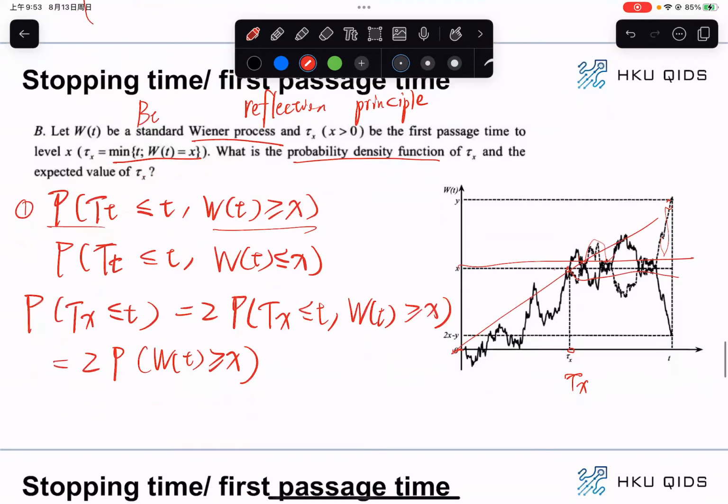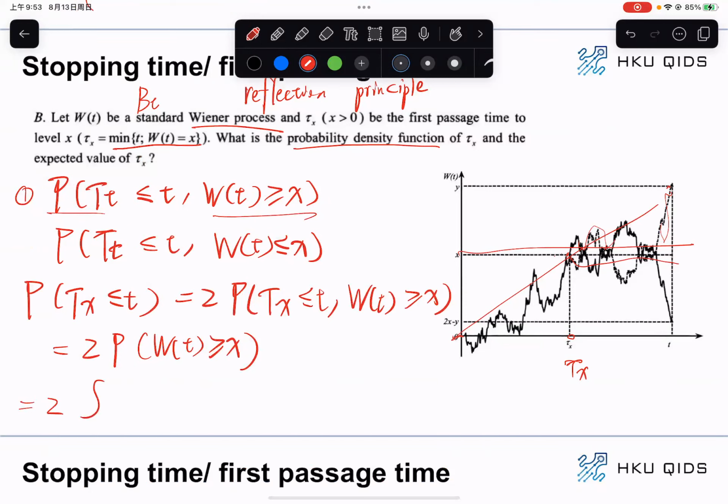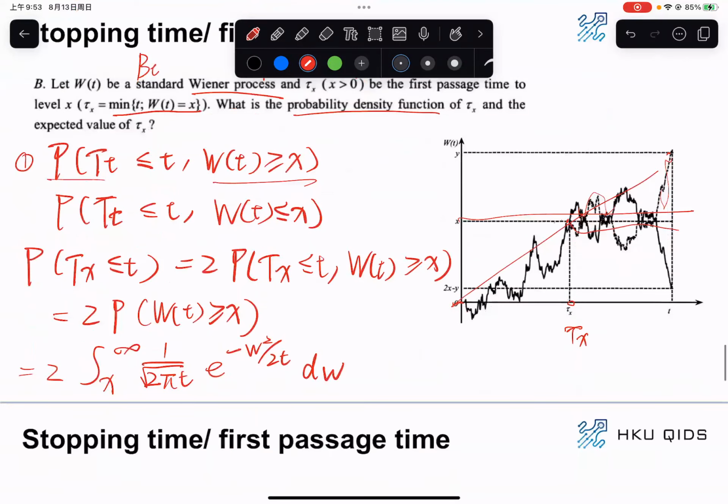So it suddenly becomes 2 multiplied by the integral from x to infinity of 1 over square root of 2 pi t, and e to the negative w squared divided by 2t, dw. And it's just a normal distribution. And for this kind of question, how can we solve that?